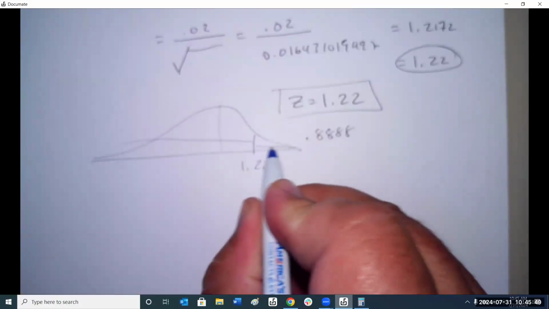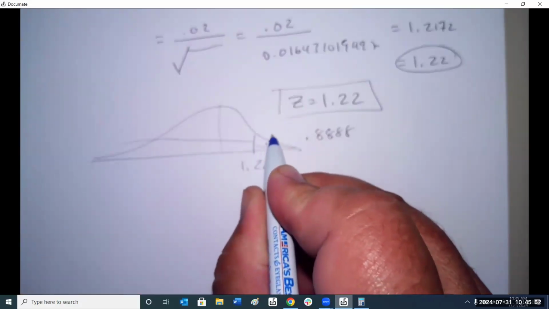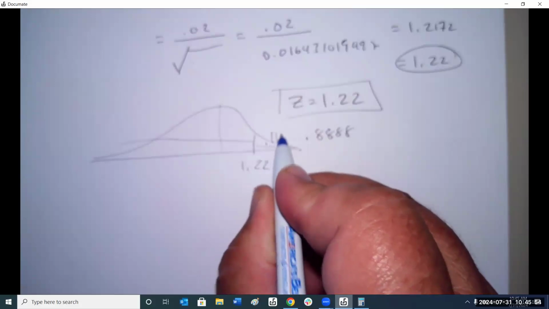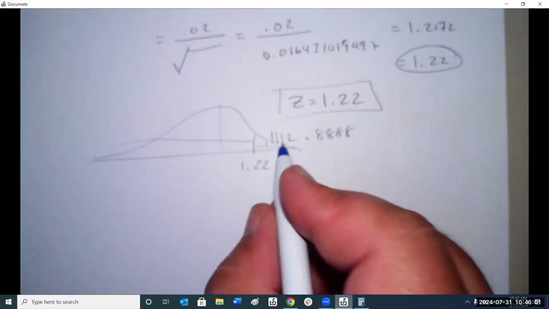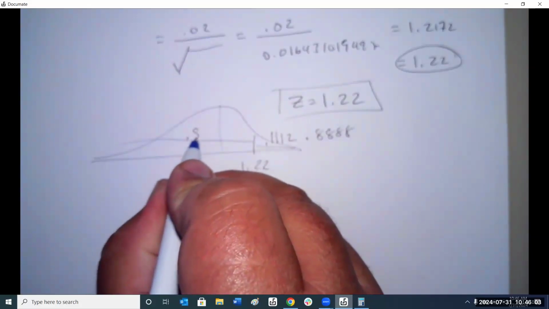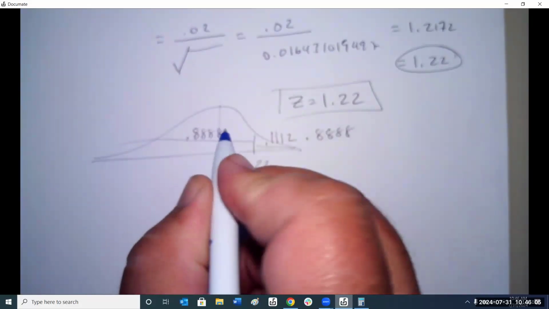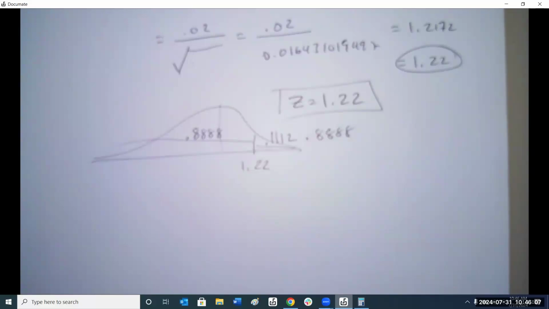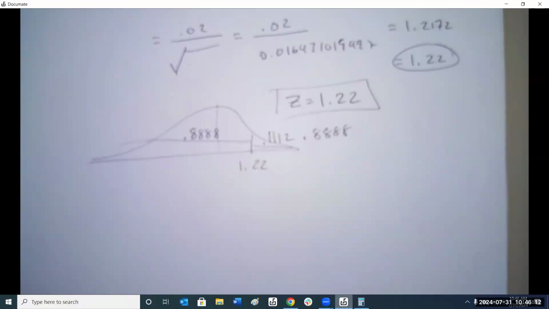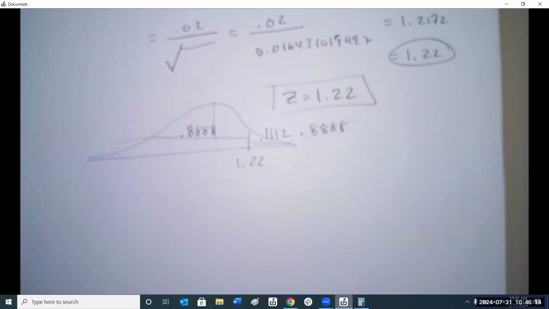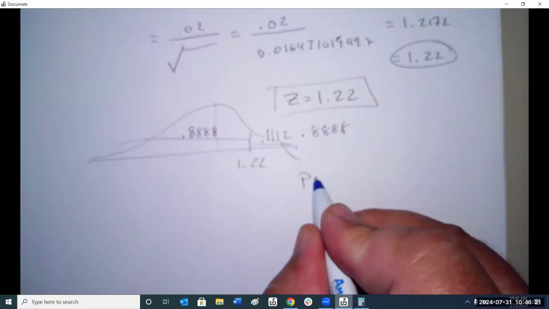This area here is 0.1112, and this part here is 0.8888. So that's our p-value.